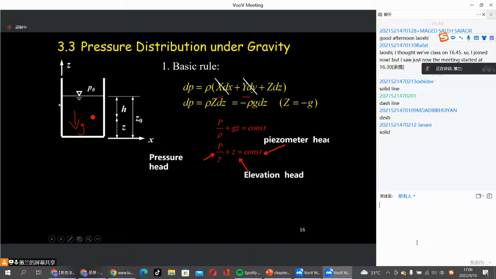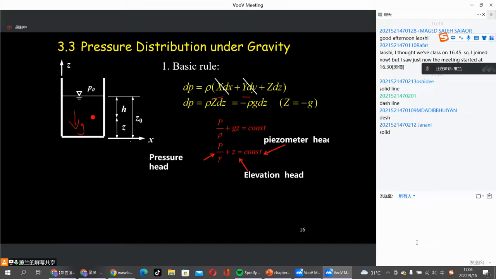That means at any point, we always have p over gamma, where p is the pressure, plus z. What is z? Z is the coordinate.